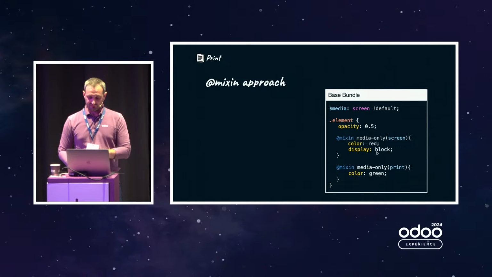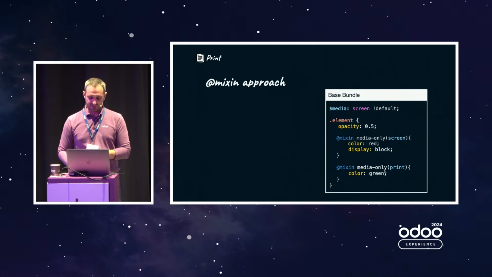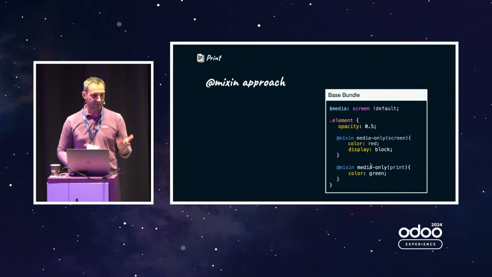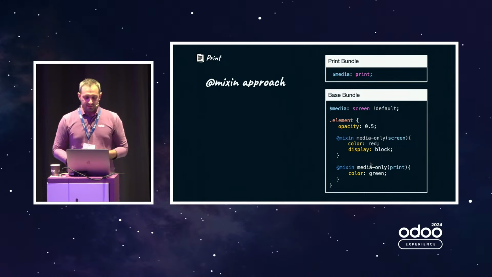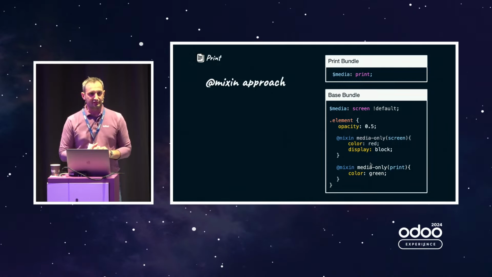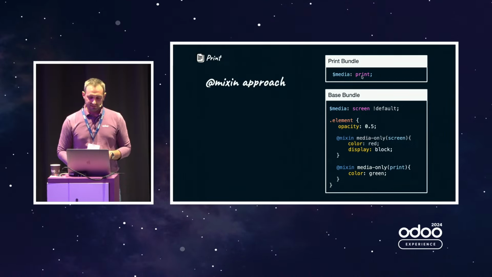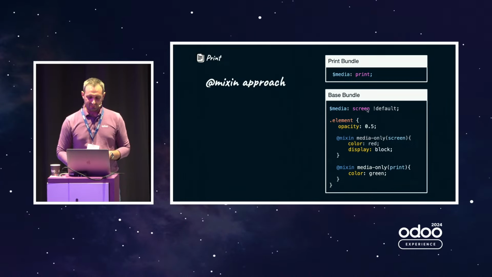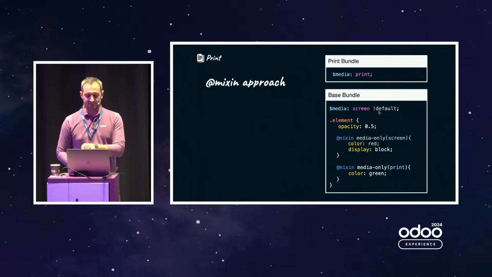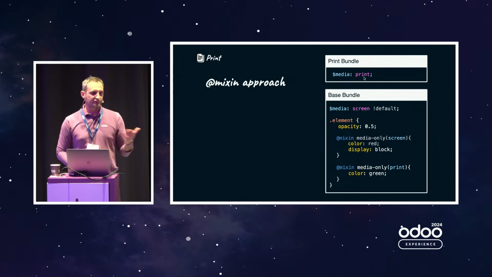So this is for screen, and in the case of screen, print is totally ignored and color green is not added in the bundle. In case we are in print mode, because the user tapped Control P, the media variable becomes print, and since in the base bundle screen is using the default flag, this value will be ignored, meaning that print is the new media.